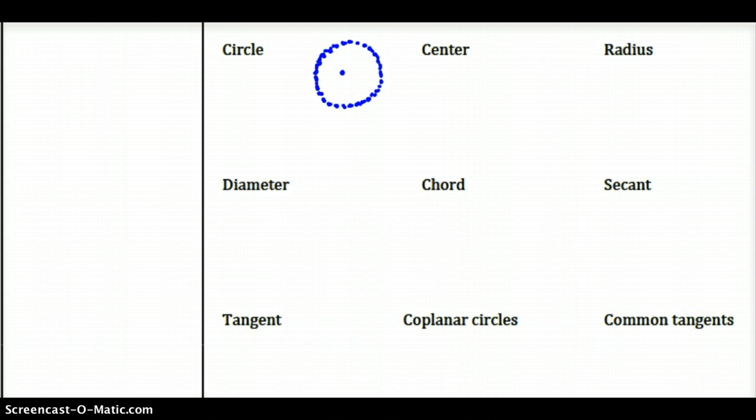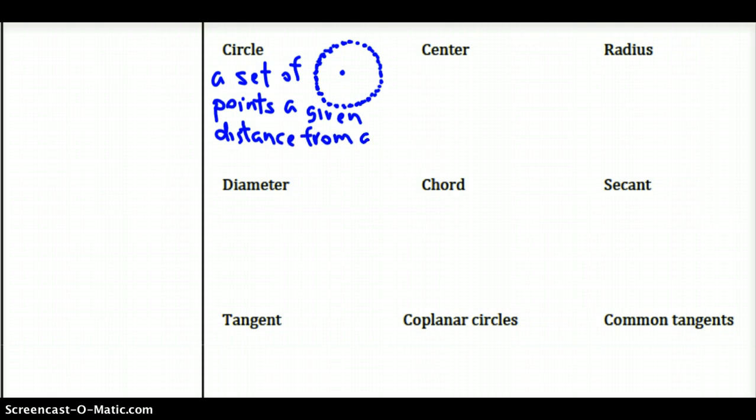So a good definition of a circle is a set of points a given distance from a given point, where that given distance is known as the radius and that given point is known as the center of the circle. So the center of a circle is the point equidistant from the points of the circle.